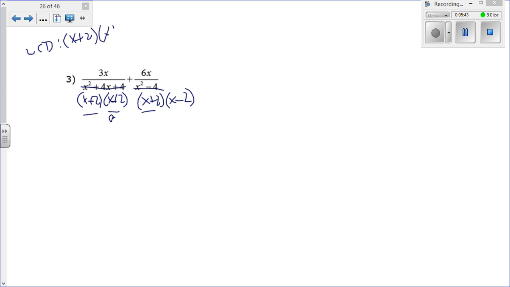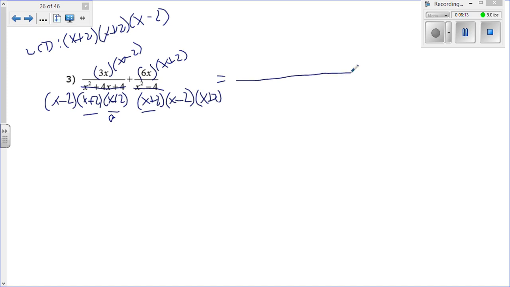So I must have another one in my denominator. And I have an x minus 2. So in this first fraction, what I'm missing is x minus 2. And in my second fraction, what I'm missing is an x plus 2. Now you notice my denominators aren't in the same order, but those factors are all being multiplied together. So it really doesn't matter what order you put your factors in your denominator.